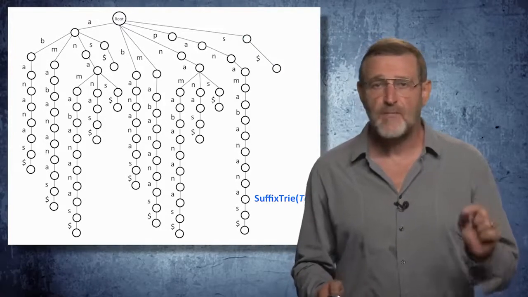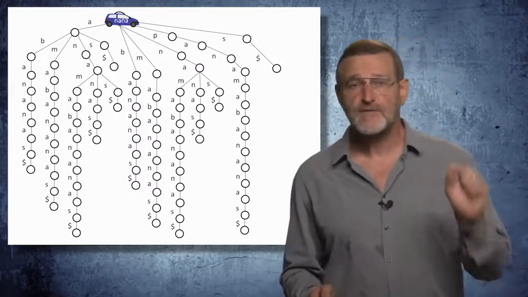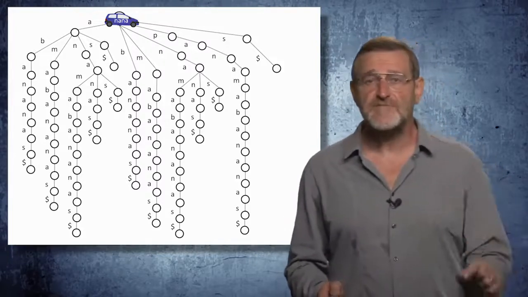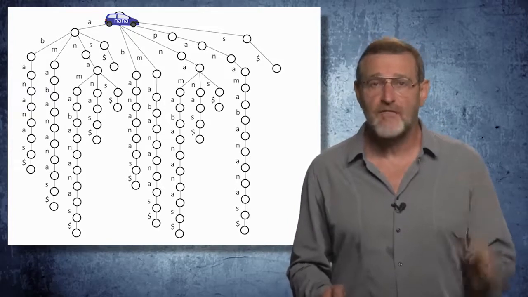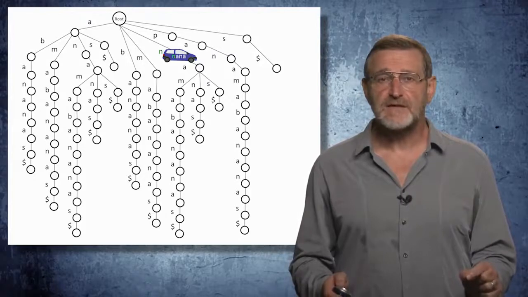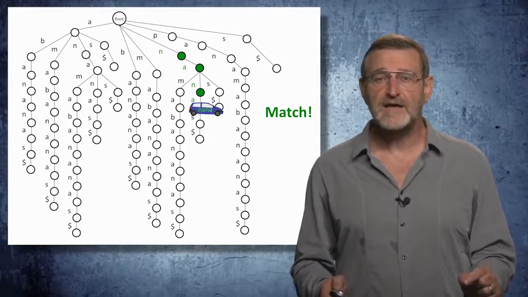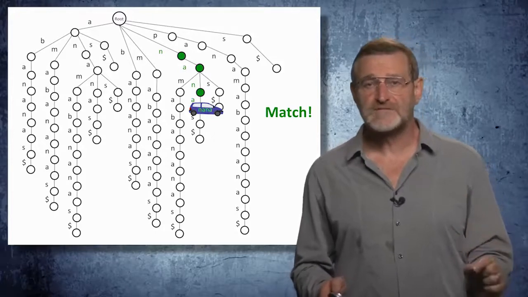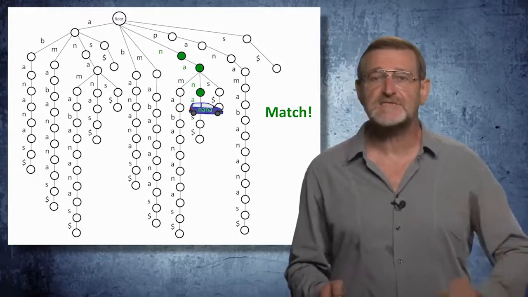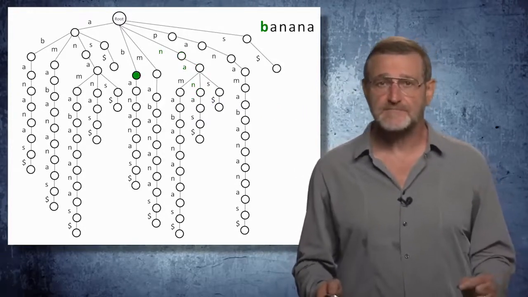How can we use it for pattern matching? Well, let's take our pattern once again, put it in the car, and let's drive along the branches of our suffix trie. First, we match the first symbol in the pattern, the next symbol, the next symbol, and finally we found a match of the pattern to one of the suffixes of the text, which means we found a match of the pattern in the text.